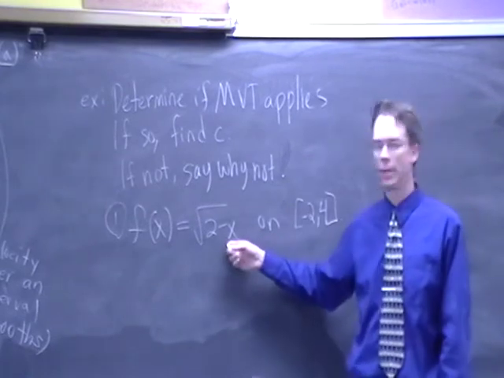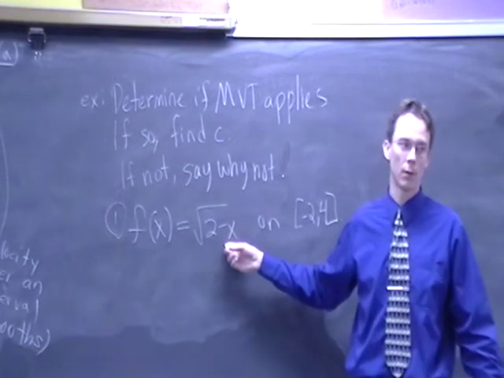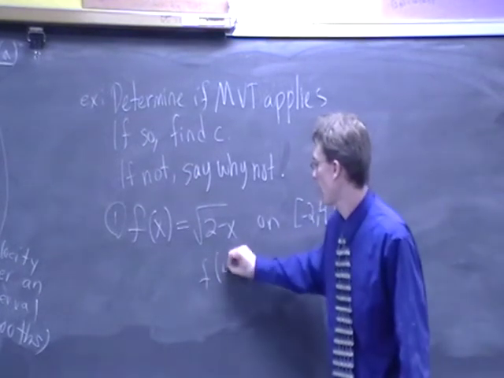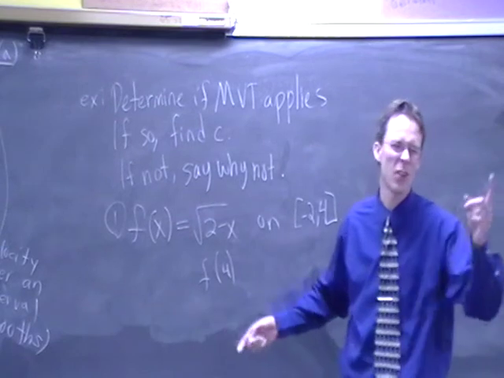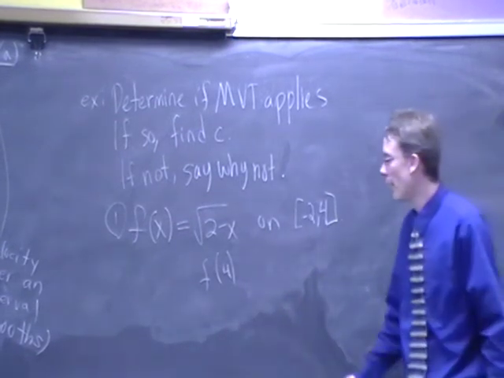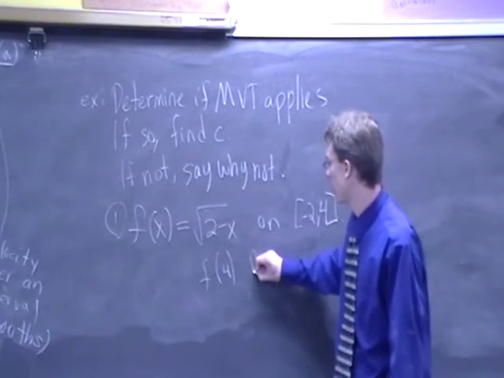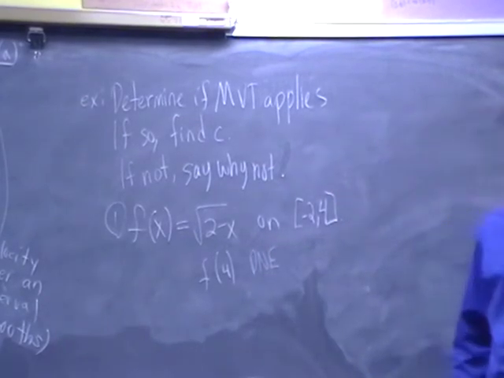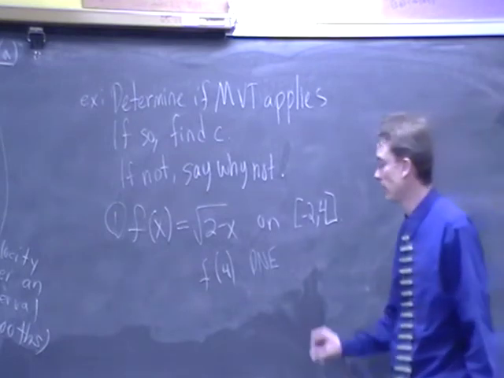If you plug 4 in here, F of 4, for instance, it only takes one counterexample to disprove something. F of 4 does not exist. It's not a real number, I should say, it doesn't exist in the real number system.